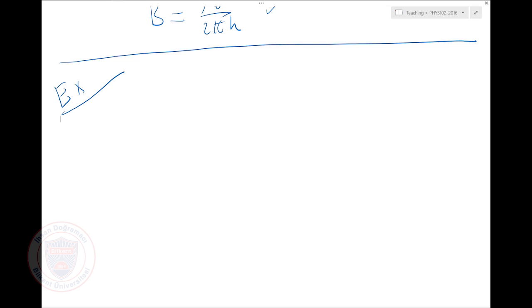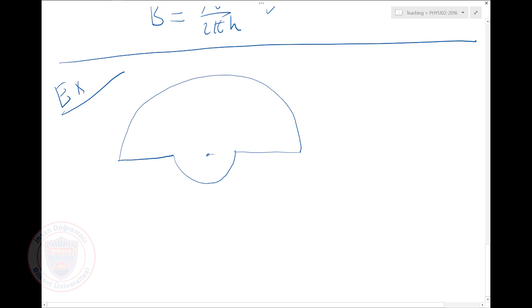Now, let's talk about wire loops. Let's do this one. So a wire is bent into this strange shape.